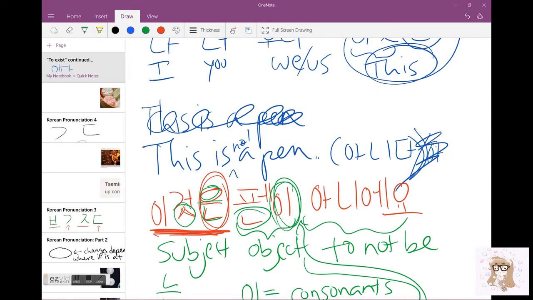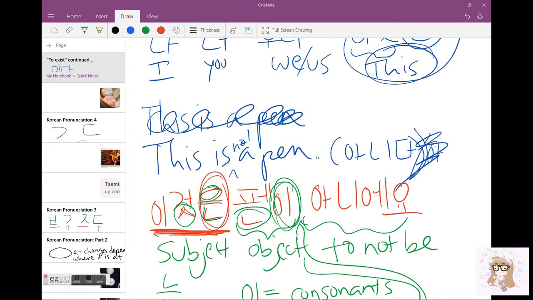And let me just cross-reference, because for some reason I haven't looked at this for a while. Double checking about the 아니다 thing. Yeah, okay.